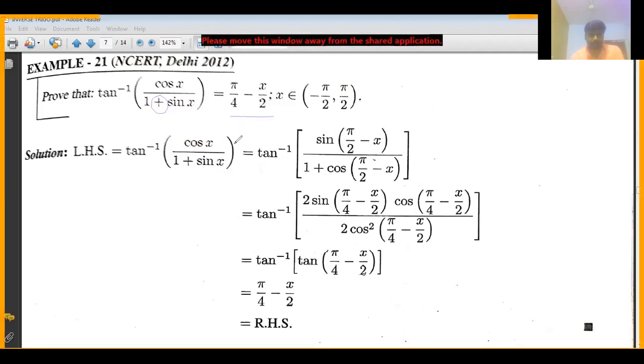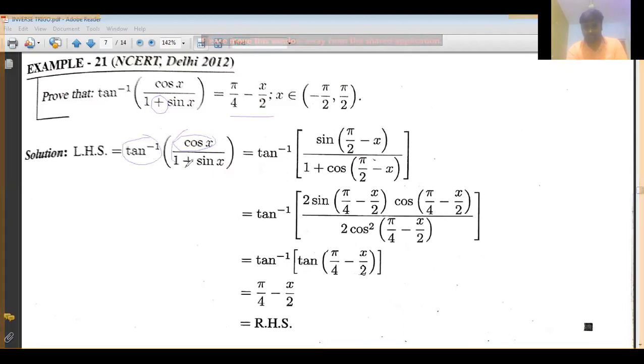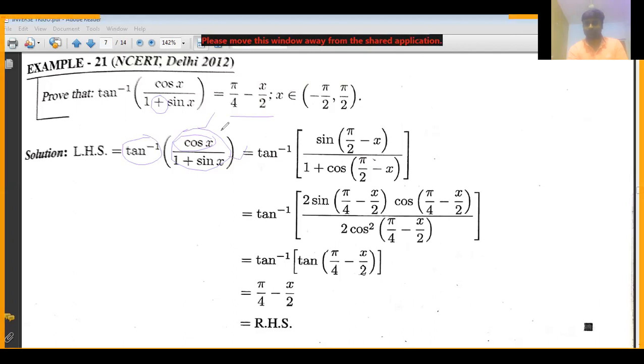Now, just observe how we are going to prove. The previous method was different, this method is different. See, I'm writing cos as sine. Why? Whenever we have tan inverse outside, what do you need inside? Tan. How can we get tan? Whenever we have sine by cos, that will be tan.